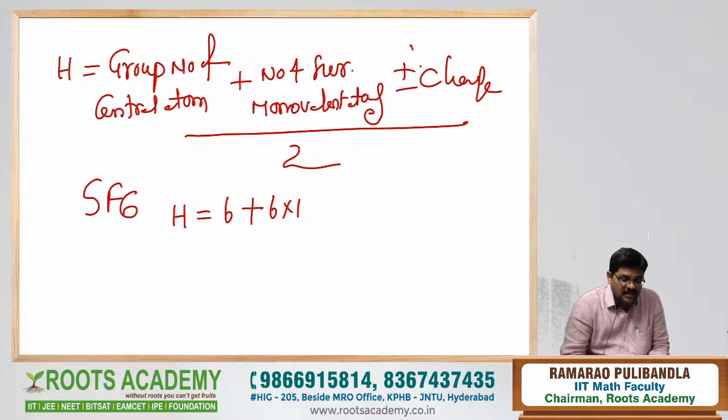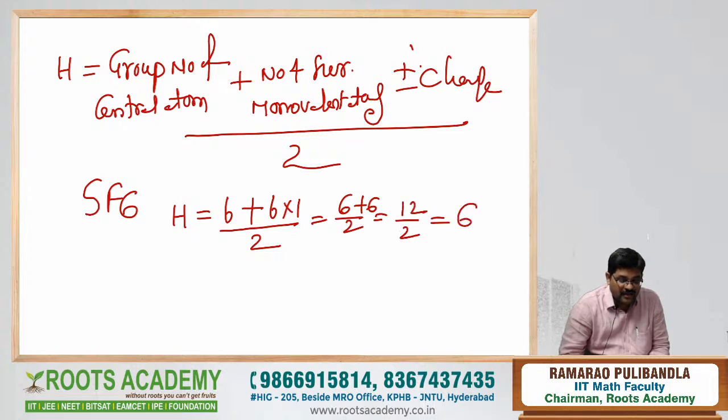So here, how many fluorines are there as surrounding atoms? 6 fluorines. 6 into 1, by 2. There is no charge in the SF6 molecule. That means you write 6 plus 6 by 2, that becomes 12 by 2. 12 by 2 means how much you get? Hybridization H is equal to 6. 6 means what?